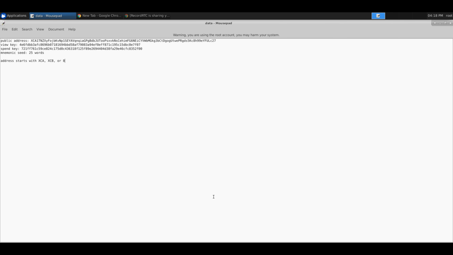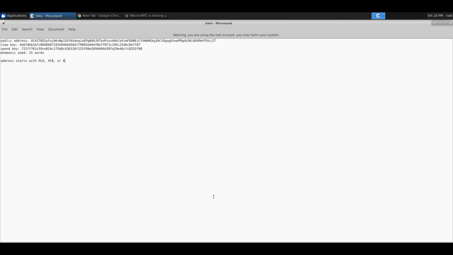Or you can just restore from deterministic wallet, and all you have to do is provide the 25 words, and it can calculate the public address, the view key, and the spend key from the 25 words. So essentially, it's just a compact version of the three combined.